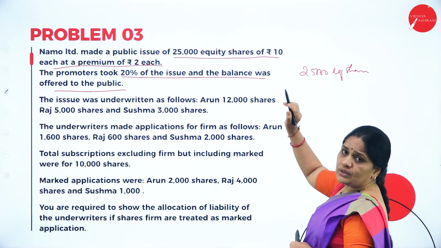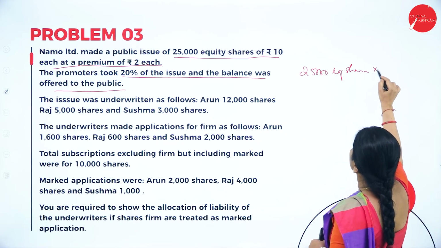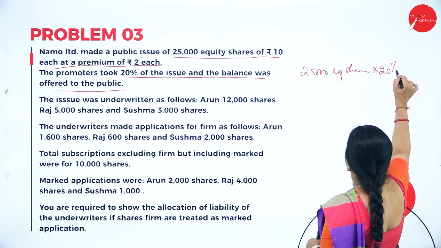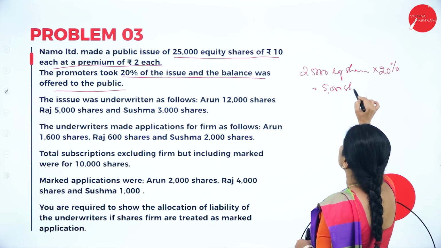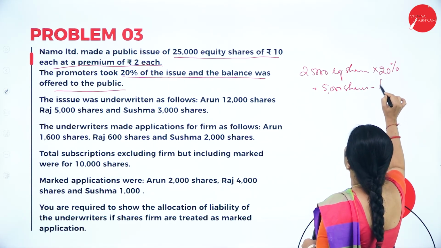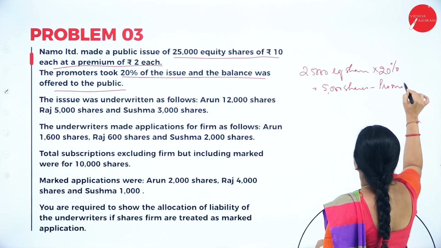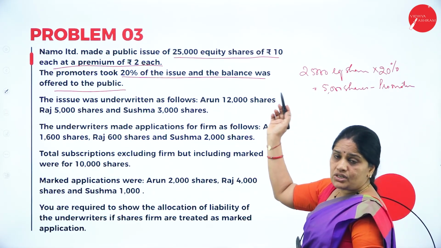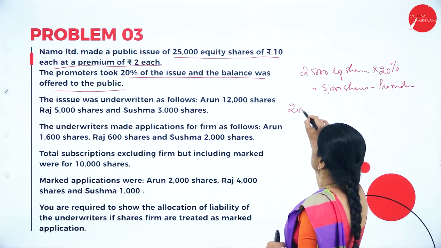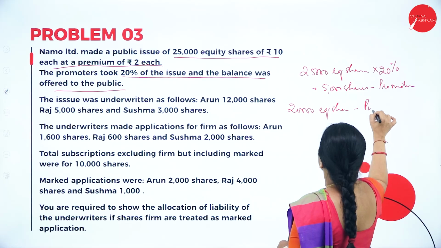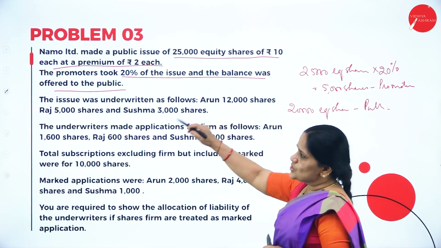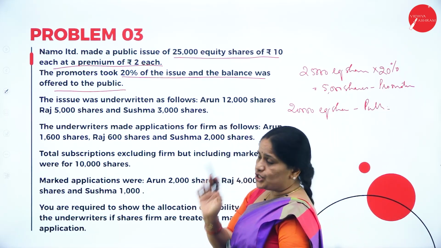Out of this, 20% has been taken up by the promoters. So that comes up to 5,000 shares taken by the promoters. The rest, 20,000 equity shares, have been issued to the public.